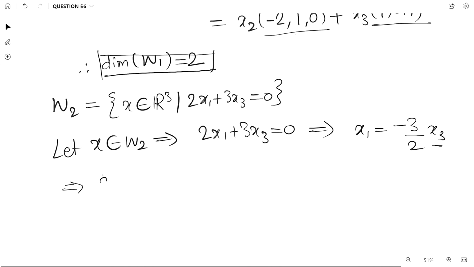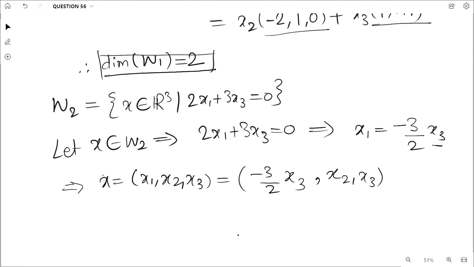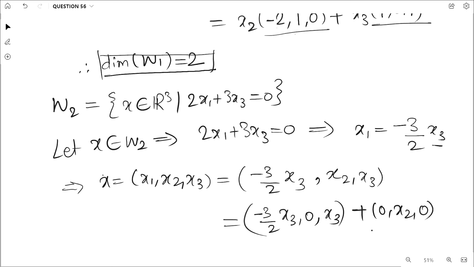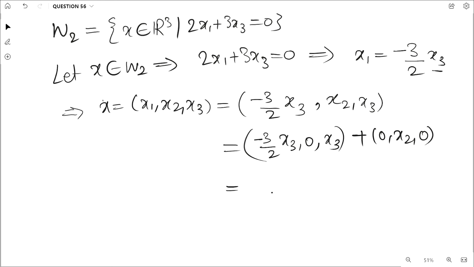So x is equal to (x1, x2, x3), which is equal to (minus 3 by 2 x3, x2, x3). We can write this as x3 times (minus 3 by 2, 0, 1) plus x2 times (0, 1, 0).